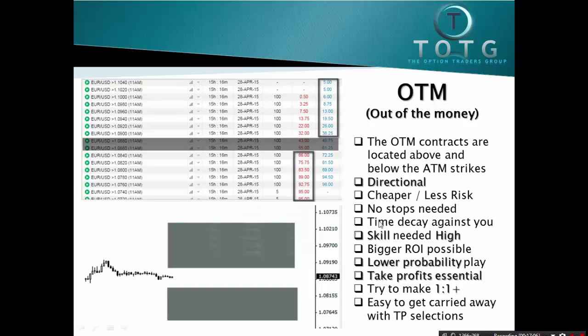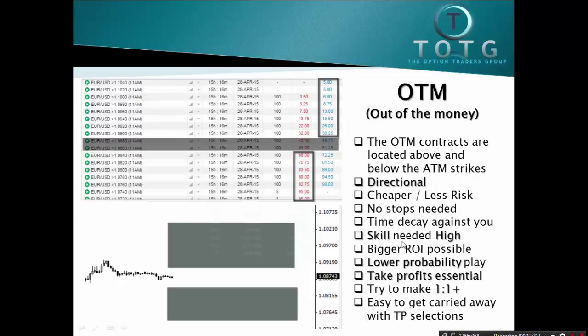And as we talked about, time decay works in our favor when in the money. Time decay is the opposite here. It's against you. Time decay is going to eat up this option very quickly, especially the closer it gets to your expiration. And if it's not above the strike if you bought, it's going to go against you very quickly. The good thing is your risk is very low if the trade does not work out.